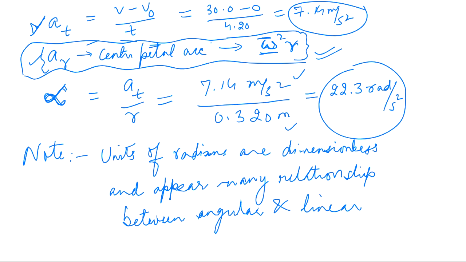So you should not stress too much about the unit. If you see there's meters per second squared for tangential acceleration and there's meters for the radius, you can easily put the unit of angular acceleration as radians per second squared.